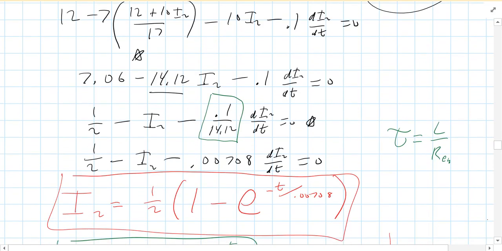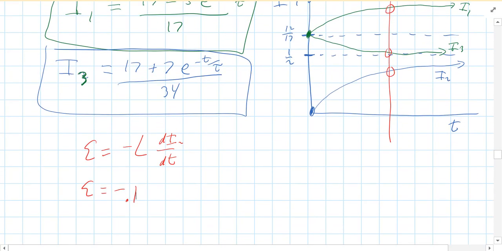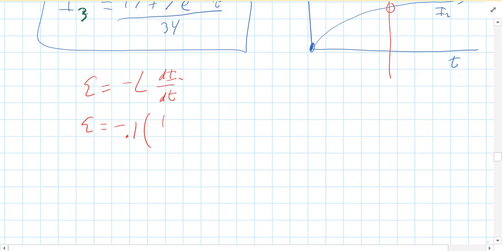Well, let's double check that. So we know that E is equal to negative L di2 dt. Okay, so E equals negative 0.1 times the derivative of I2. Okay, so what is that? Okay, so I'm taking the derivative of this. So that's a half. So we got a half sitting there.